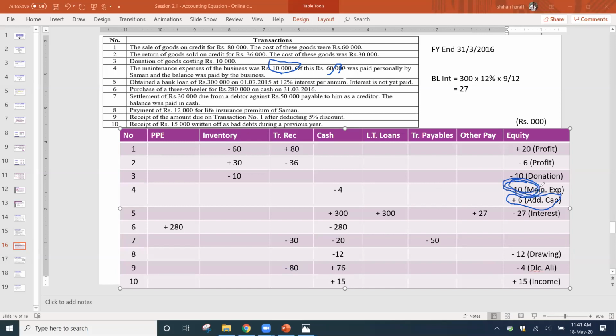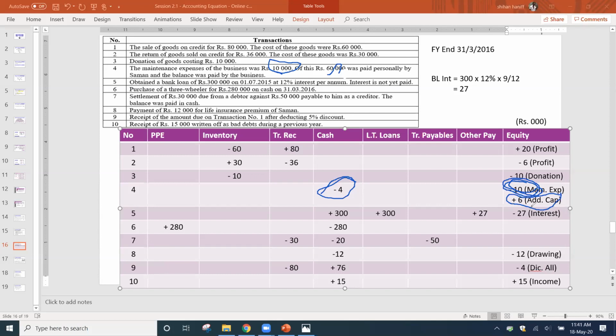That's an expense. The owner paid 6,000 from his pocket. If the owner paid from his personal money, it is additional capital. So his personal cash was invested into the business expense. That is why we take that as additional capital.